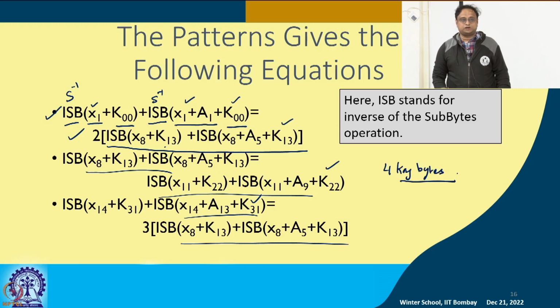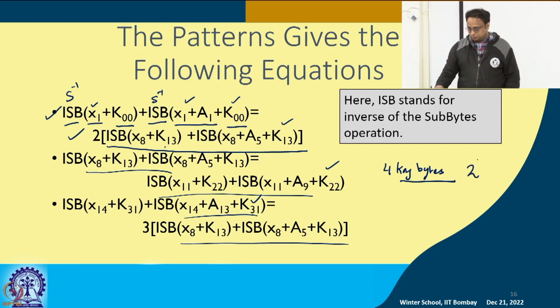And 4 key bytes will require how many guesses? 2 power 32. So you do 2 to the power 32 guesses, and you verify whether the guess that you do satisfies this equation system or not.